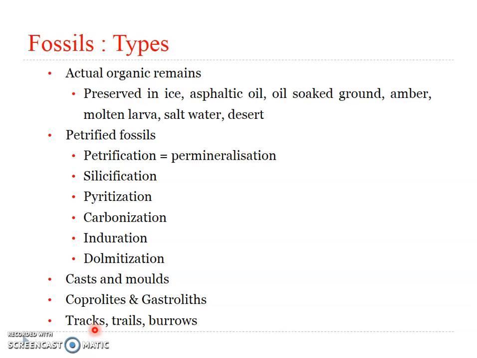There are plenty of examples of tracks and trails. In trails, we can have the impression of fins of fish on soft mud, then markings of movements of crustaceans or urchins, etc. They form what you call the tracks and trails. Regarding burrows and borings, fossil burrows provide information regarding the behavior of the resident animals there. So these are the different types of fossils.